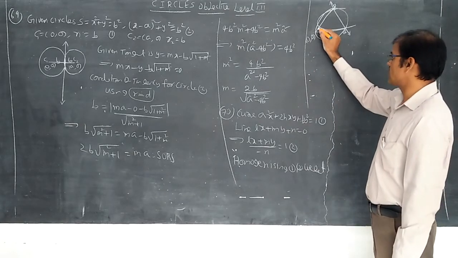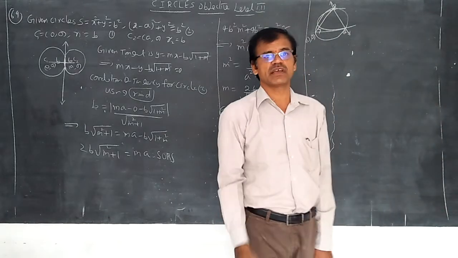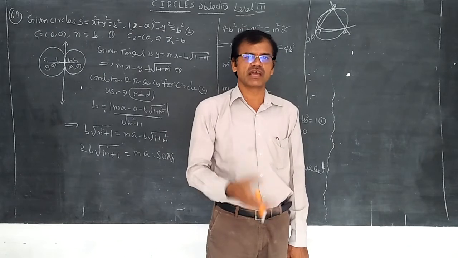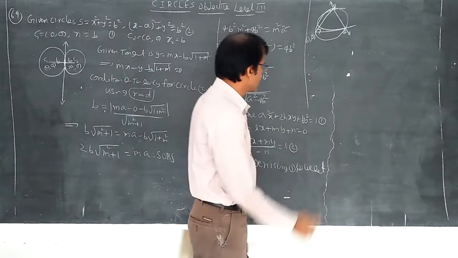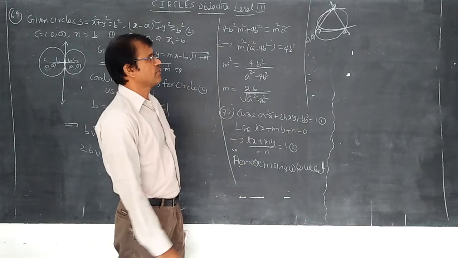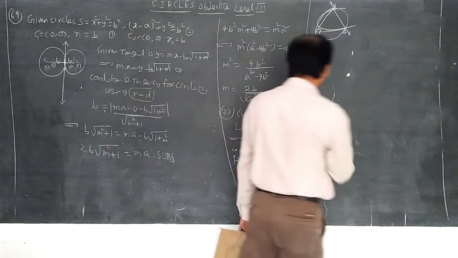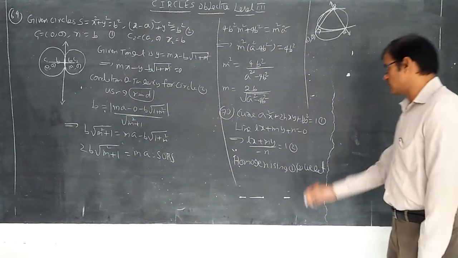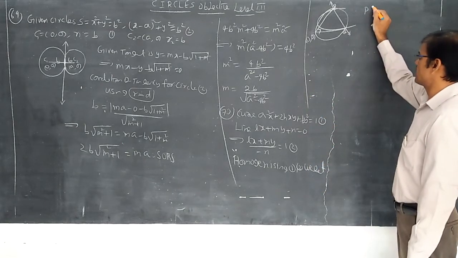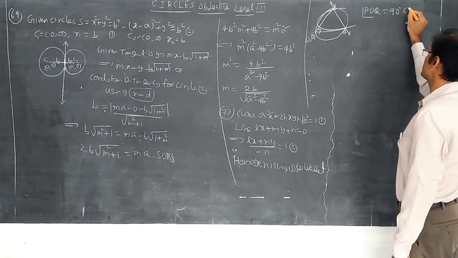The diameter is the longest chord passing through the center and divides the circle into two equal semicircles, so the angle is 90 degrees. Whenever the points of intersection are joined to the origin, and the angle is 90 degrees, we should use the homogenization method. According to the condition, angle POQ is 90 degrees.